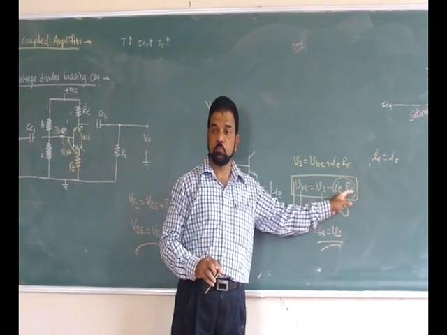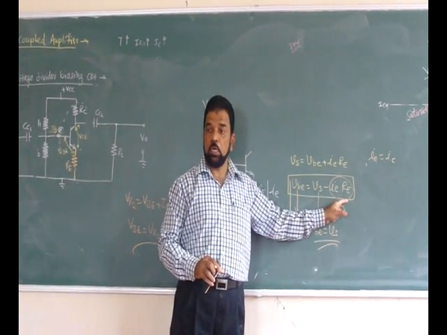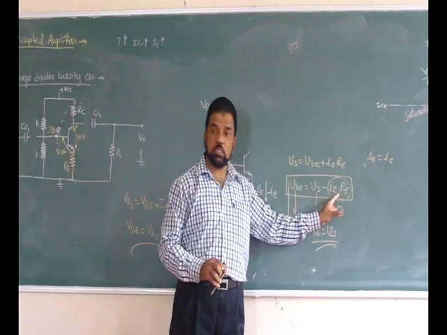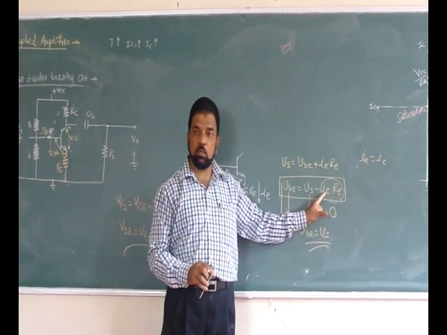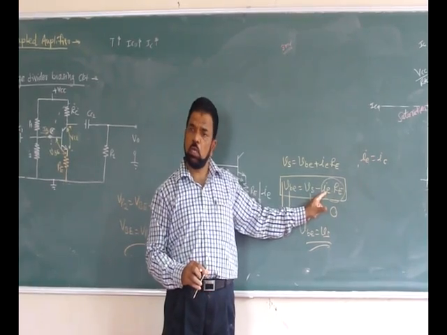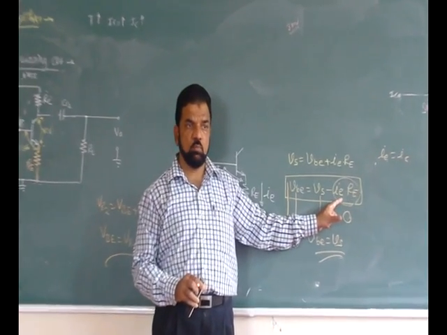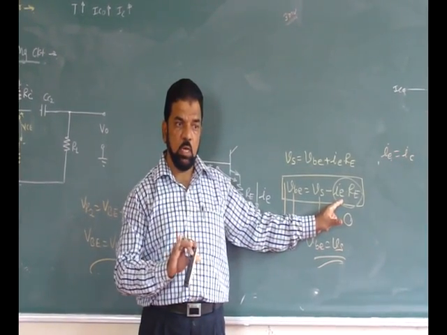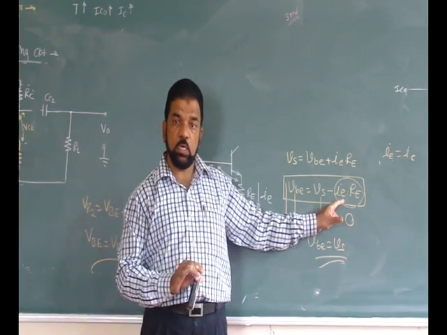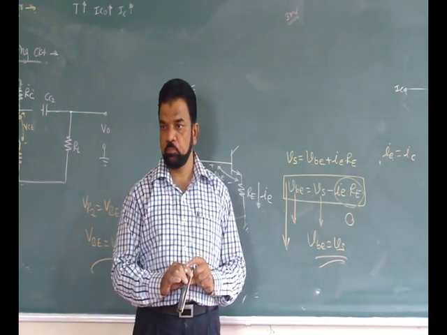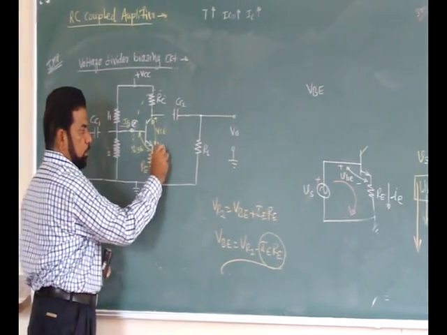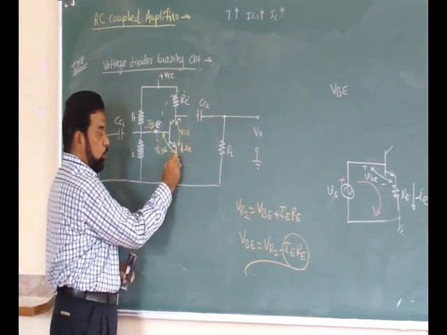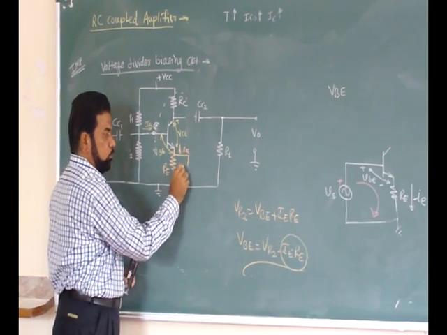Pay attention. This is the AC voltage, and I want to make it equal to 0. So if I make the AC current equal to 0, I can make the AC voltage equal to 0. So I will not allow the AC current to pass through. That means for this IE, the AC current we are getting here, I will provide another path.